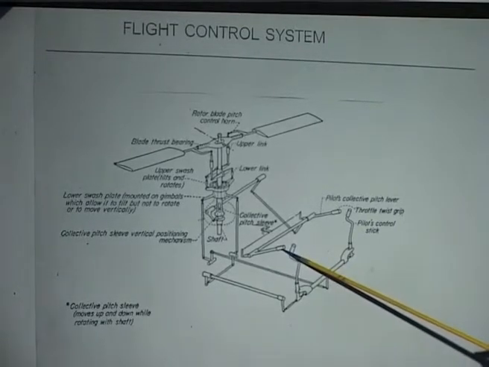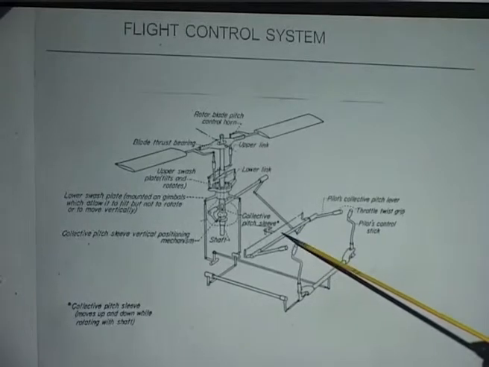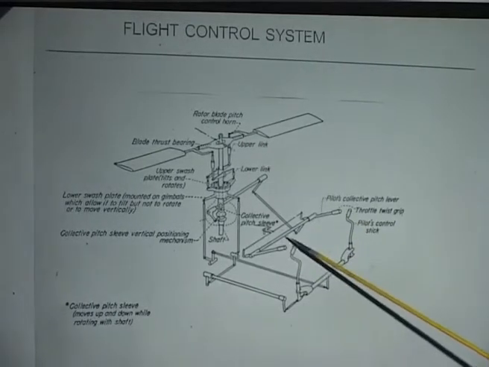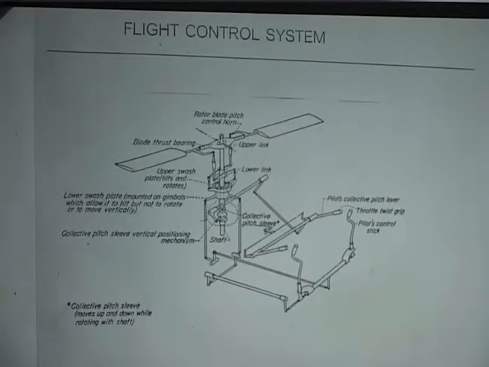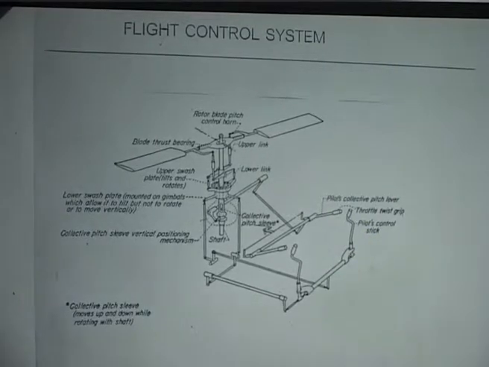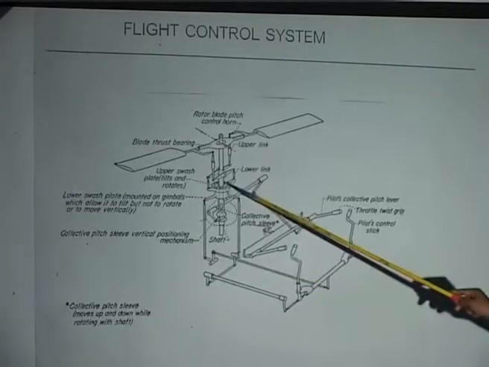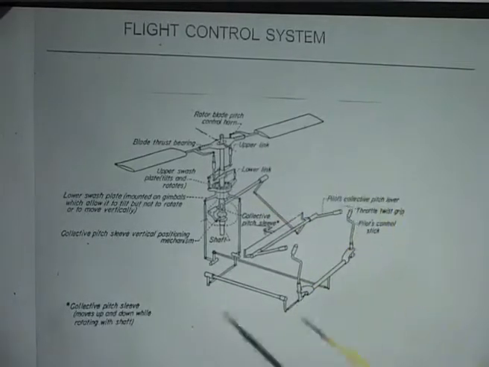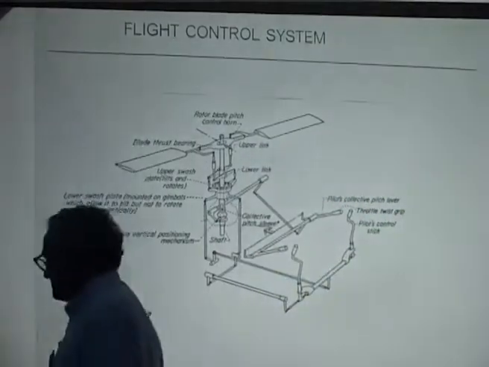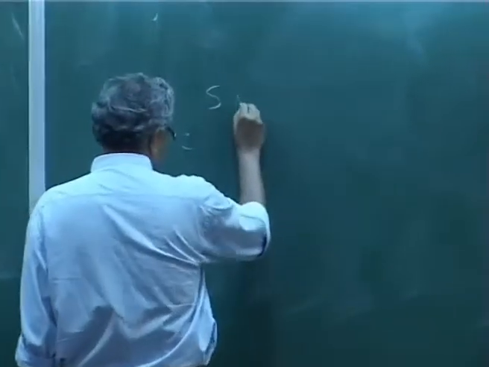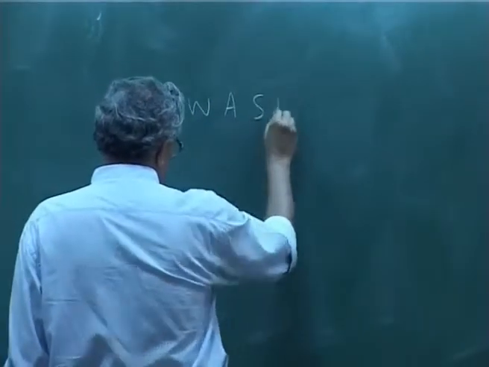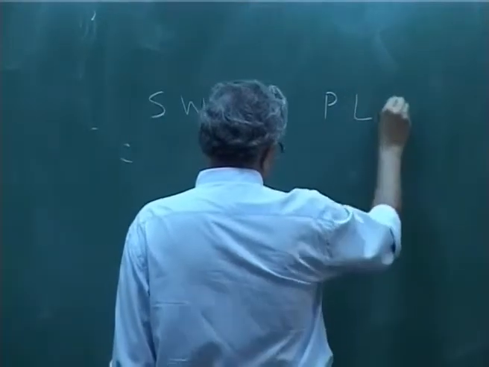When the pilot moves this stick up, through a mechanical and hydraulic system today, there is something called a swash plate. Please note, this is a new terminology which you do not see in aircraft. Why?